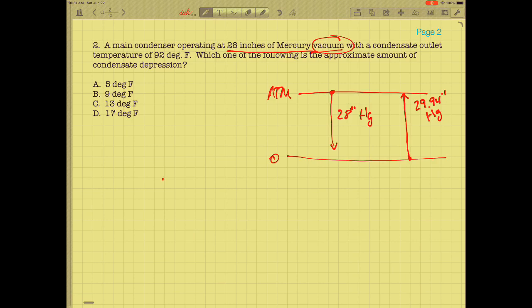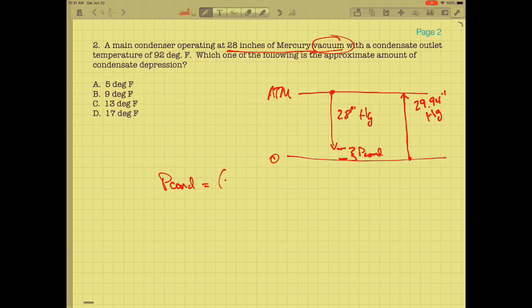I'm going to say pressure of the condenser, the back pressure, is equal to this point, this amount right here. That's the back pressure. All right?